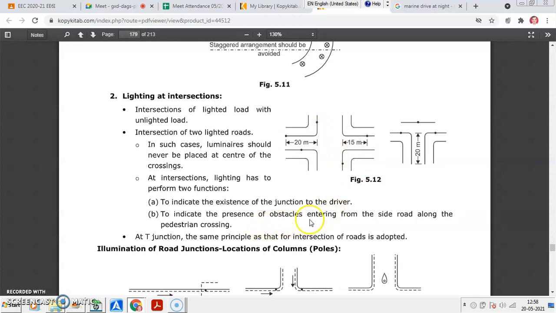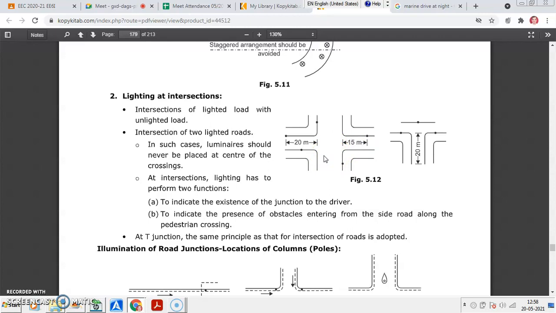Second, to indicate the presence of an obstacle entering from the side of the road. If you go from here, from the opposite side you may have traffic, so that you can see the obstacle. A pedestrian crossing is also there at this particular place, so you must have this provision of light. From this point at 20 meters, from this point at 15 meters, like this you can have the provision.